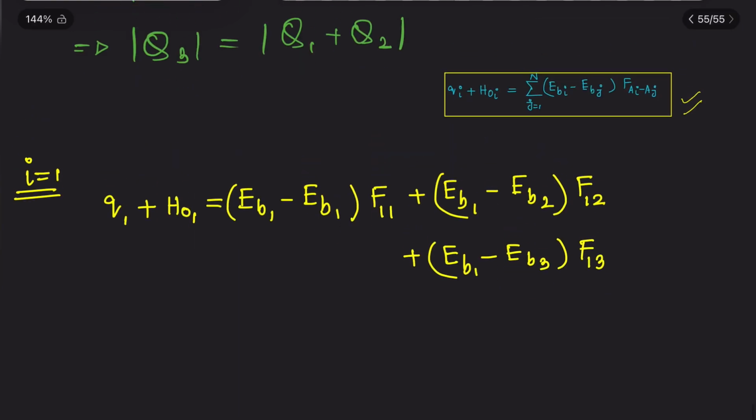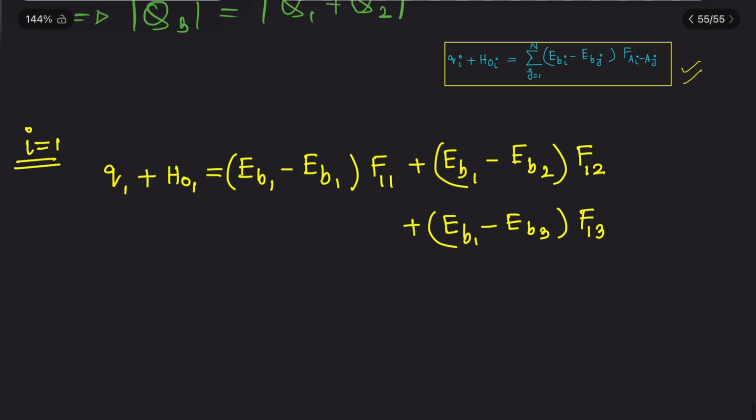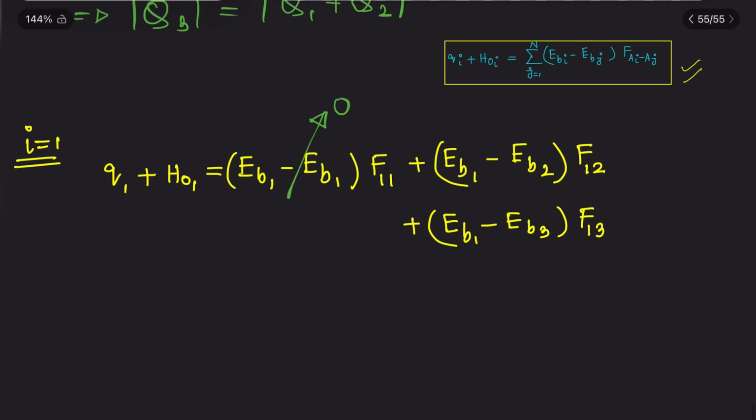You see here this term is 0, obviously, EB1 minus EB1. Now this term will be there, and in this term EB3 is 0.